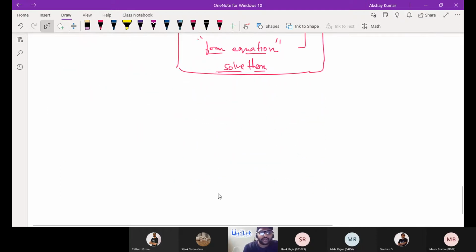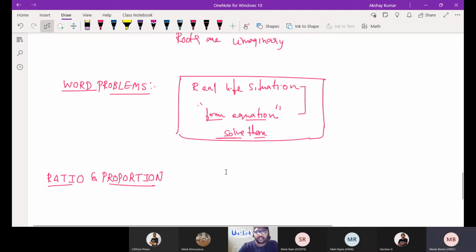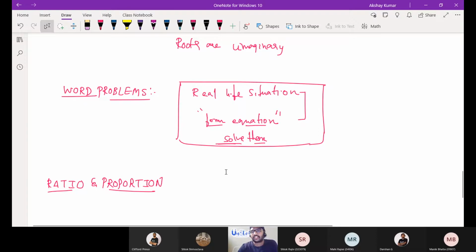Next is your ratio and proportion. So, can you tell an example for word problems of quadratic equation? Yeah. Word problems, in the sense, I'll give you a case. There is a train.